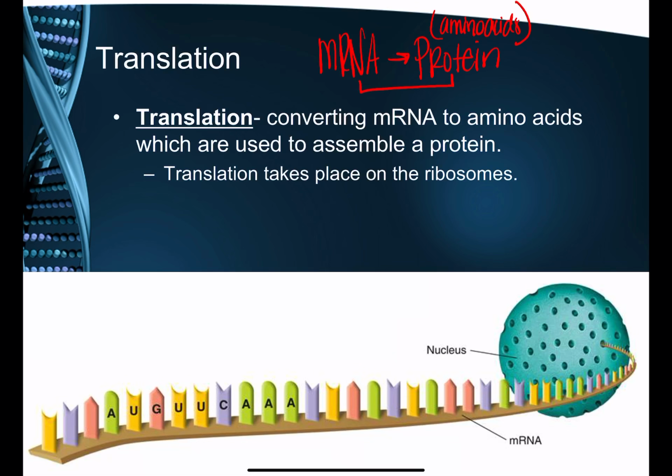That is going to happen on the ribosome. Proteins are built on a ribosome. Okay? So, after transcription, we said transcription happened in the nucleus. So here it is. The mRNA leaves the nucleus through these holes called nuclear pores. It leaves the nucleus and it goes and binds on a ribosome.